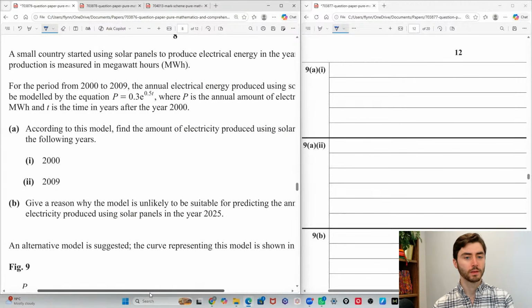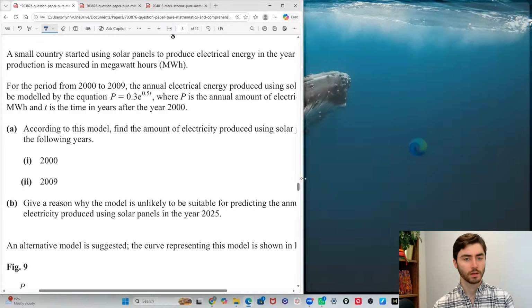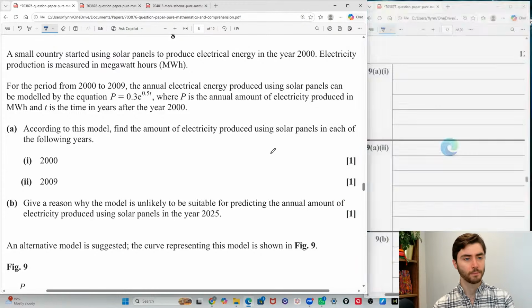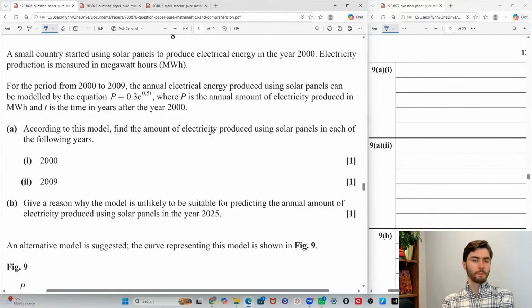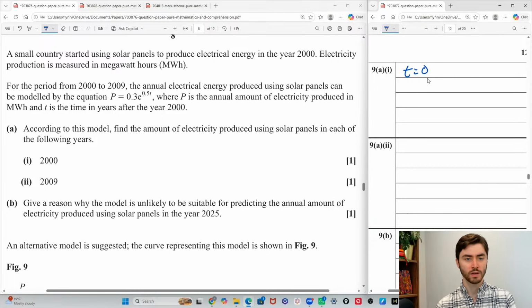Okay, so let me work out what's happening here. Okay, so the annual electrical energy produced using solar panels is modeled in that fashion, where P is the amount of electricity produced and T is the time in years. So in the year 2000, T equals 0, which means P equals 0.3.